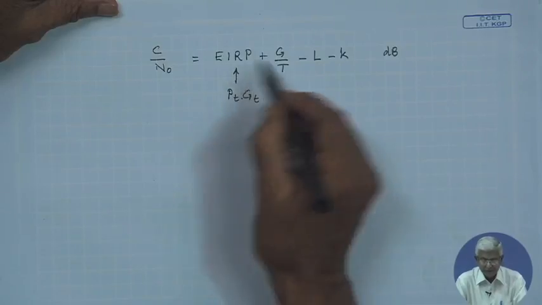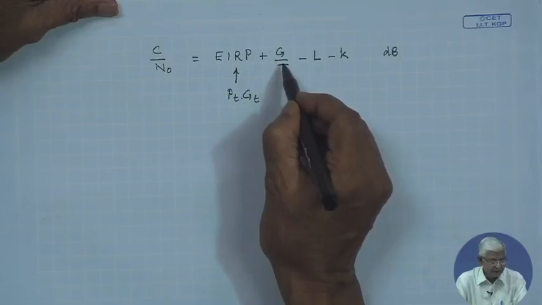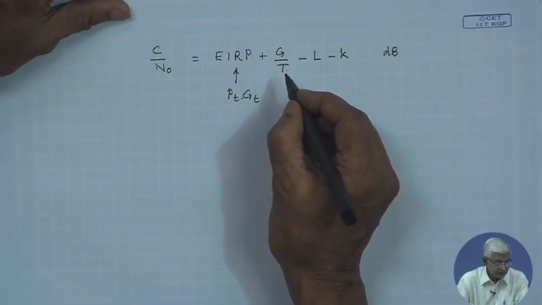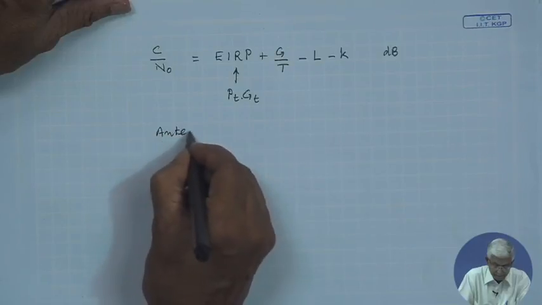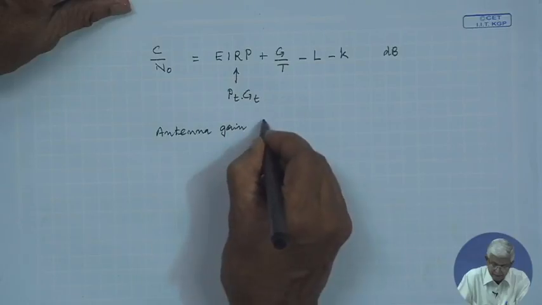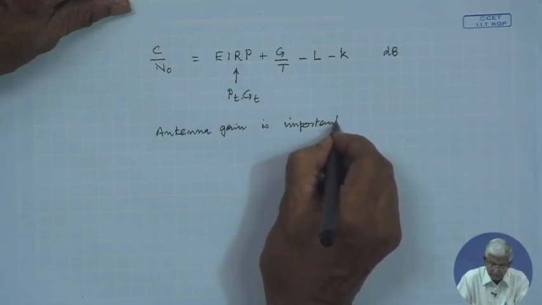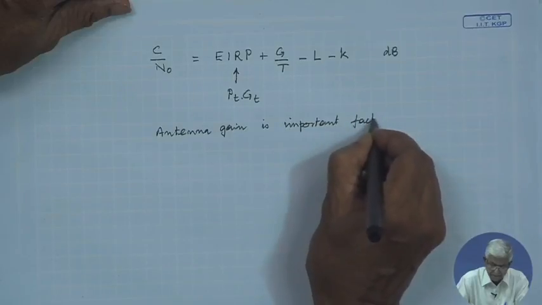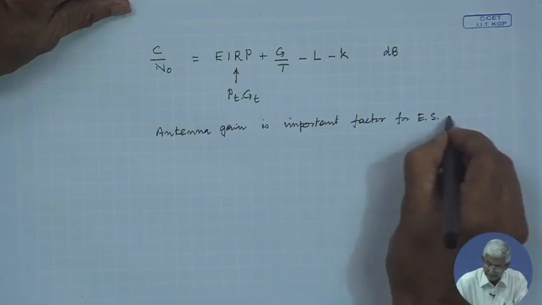Similarly, when it is receiving, the gain of the ground antenna has to be higher to have a better G by T. So the antenna gain is an important factor for station sizing.